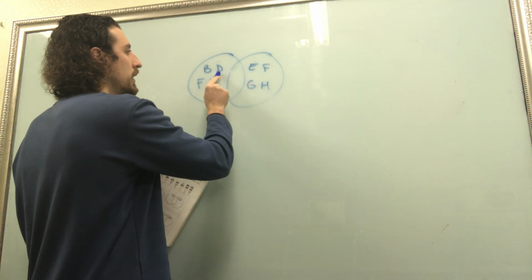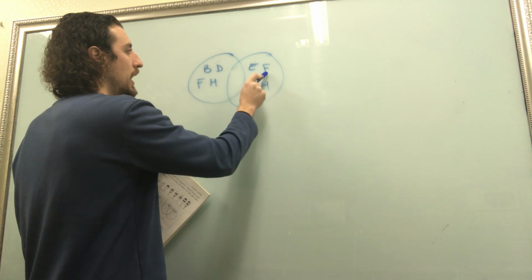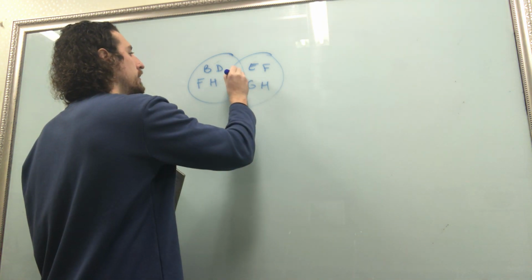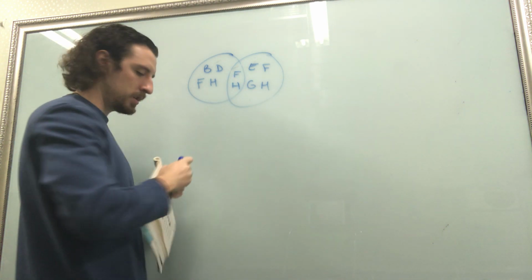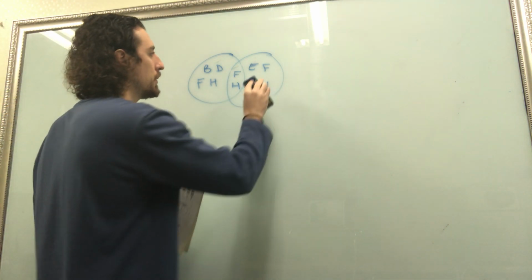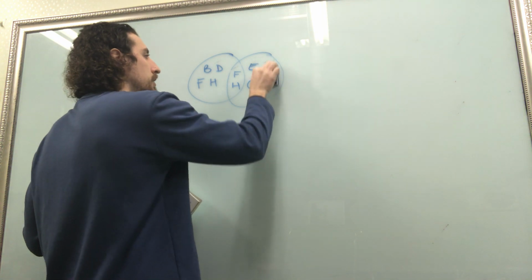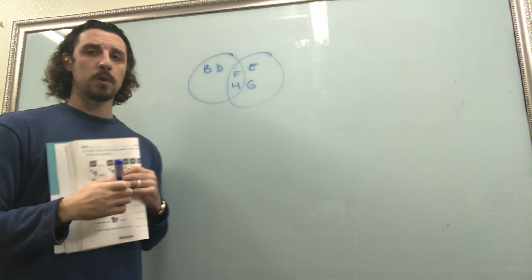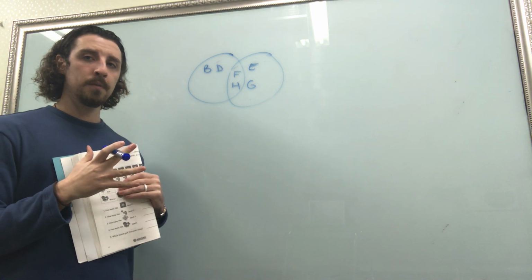No B, D, no, F, yes, and H. So, F and H go in the middle, but don't forget to erase them. F and H. And that is the answer for the last one. So pause the video to make sure you got the right one.